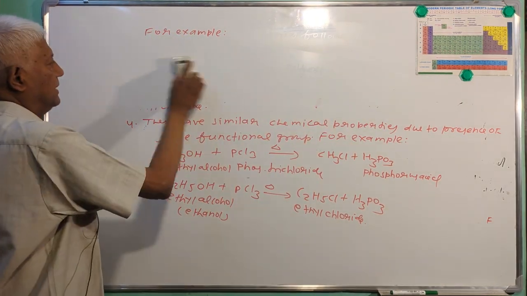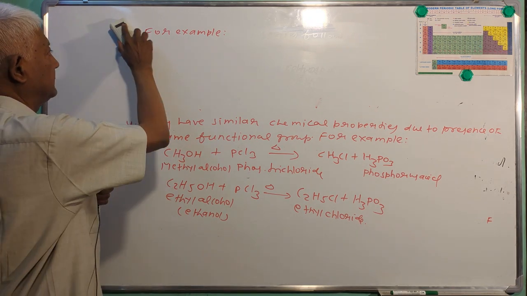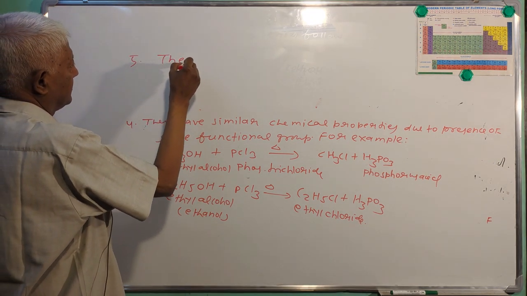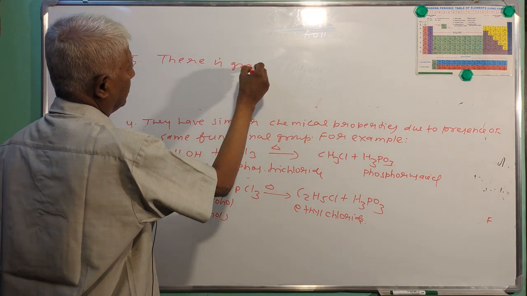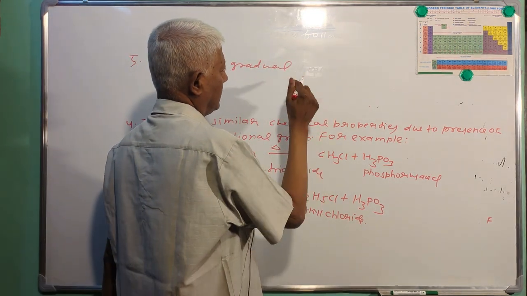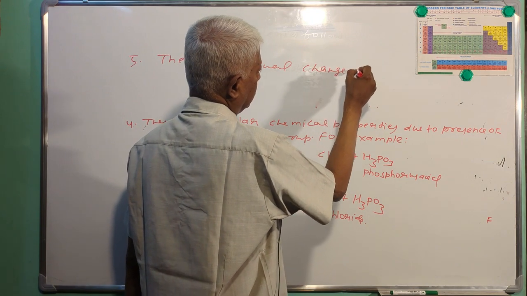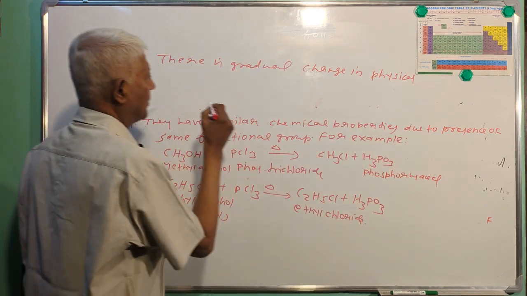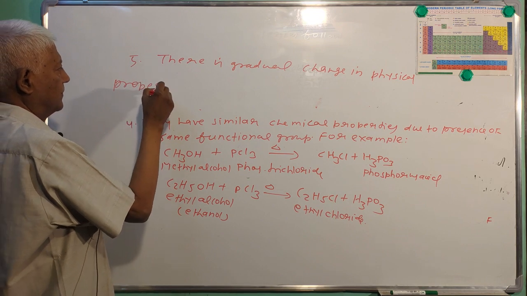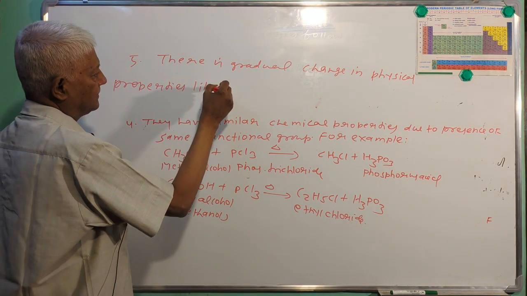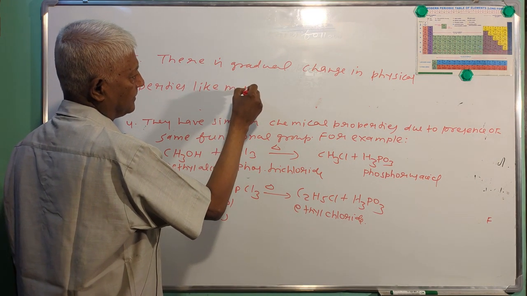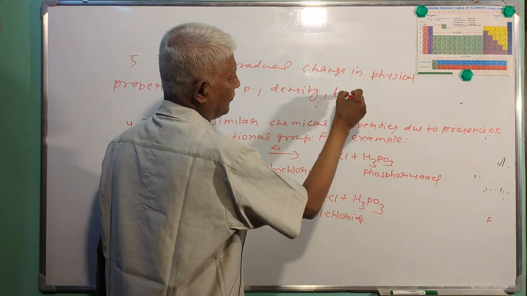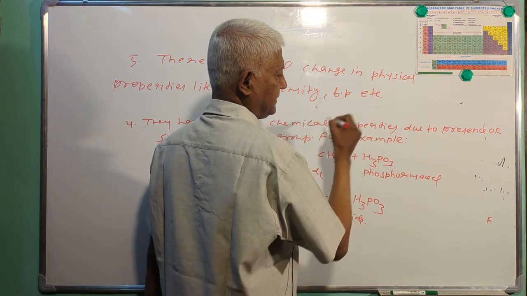Now the last important character, the fifth: there is a gradual change in physical properties like melting point, density, boiling point, etc. BP means boiling point.